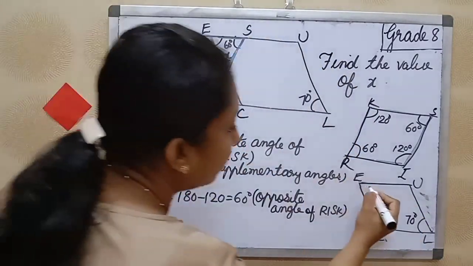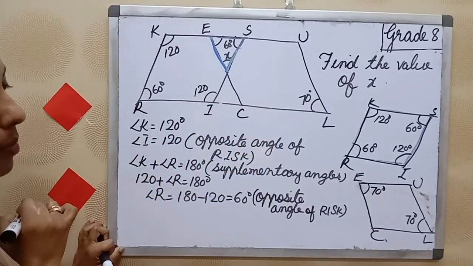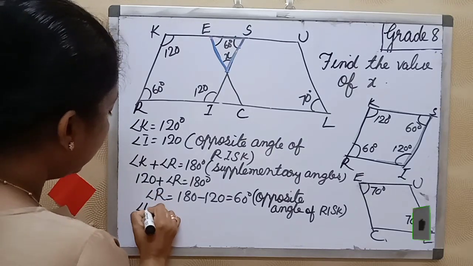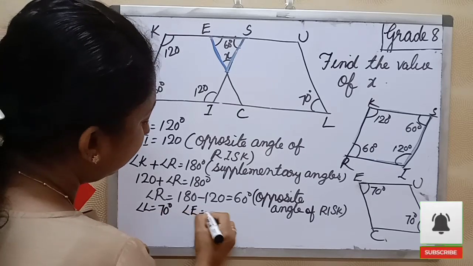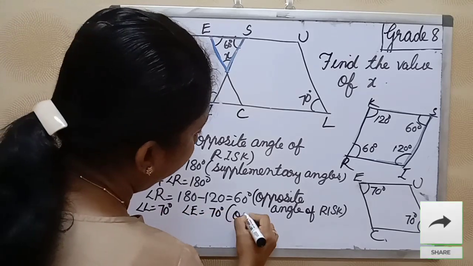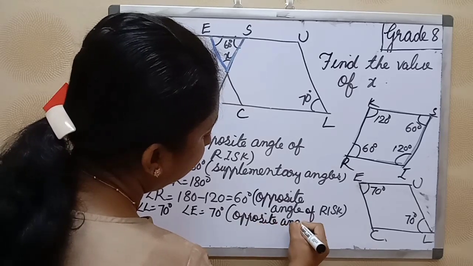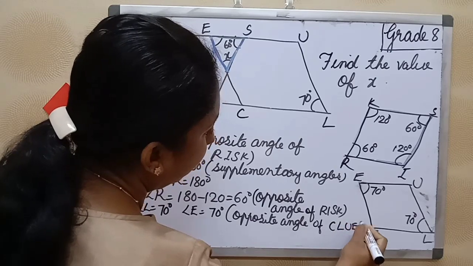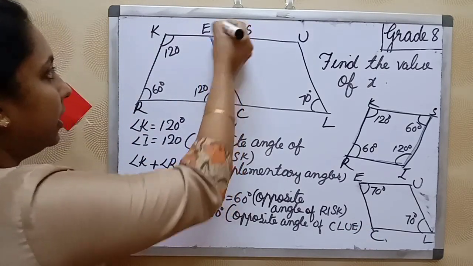So E is also 70 degrees, because they are opposite angles of parallelogram CLUE. Angle L is equal to 70 degrees, so angle E is equal to 70 degrees. So this angle also we got, 70 degrees.